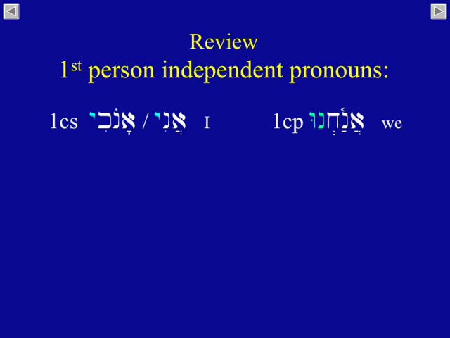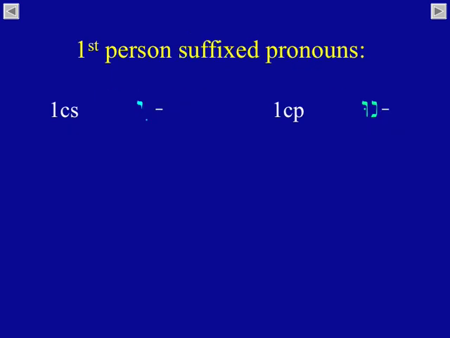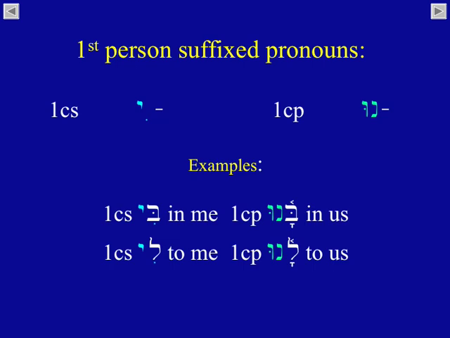So reviewing the first person independent pronouns, anachnu, we, ani or anochi, I. Let's look at some suffix pronouns, which again in this lesson we will only see with regard to the prefixed prepositions l, b, and k, and some others. So for instance, be means in me.